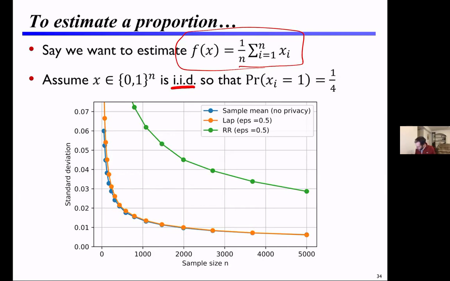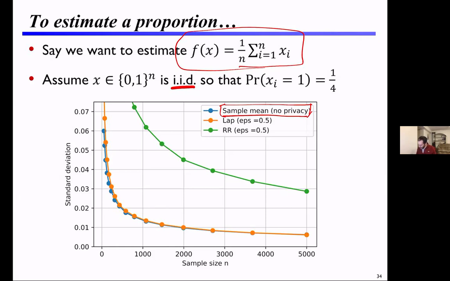One thing I can do, if I don't care about privacy, is take my big data set and look at what fraction of people have a 1 or a 0, and ask whether that is close to a quarter. As n increases, the standard deviation of the sample mean gets smaller and smaller, and that's the blue curve you can see on this plot. It's partly obscured by the orange one, but it's there.